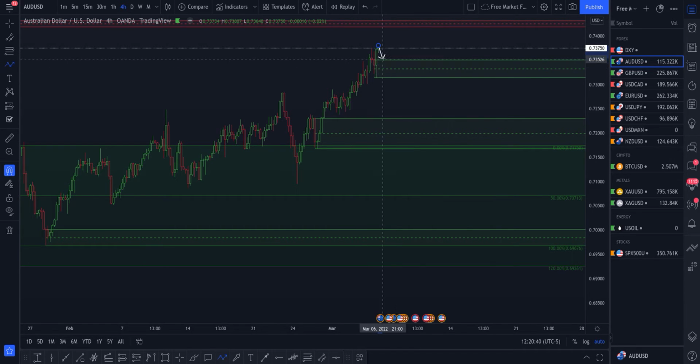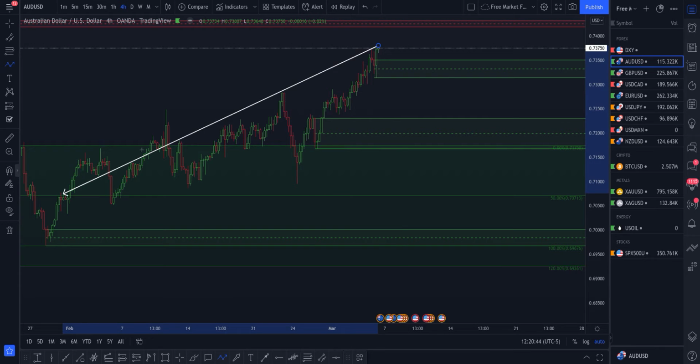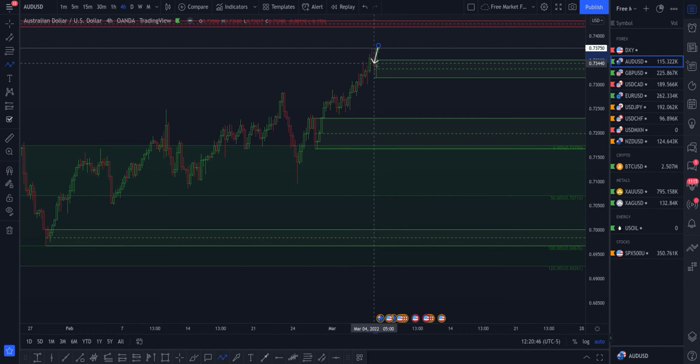So we do have this unmitigated 4 hour zone on the Aussie USD that we could possibly look to buy into and take this pair up.